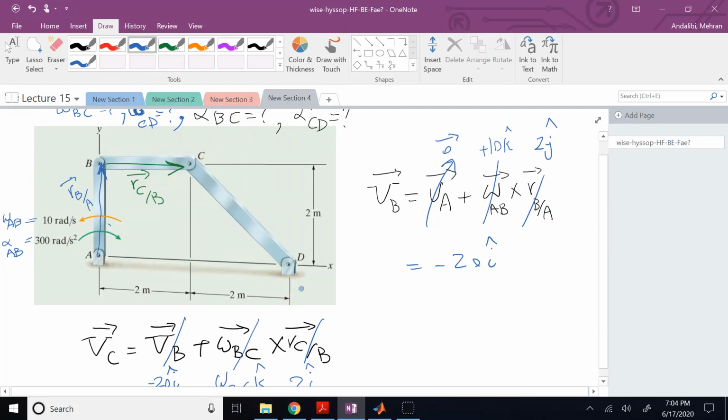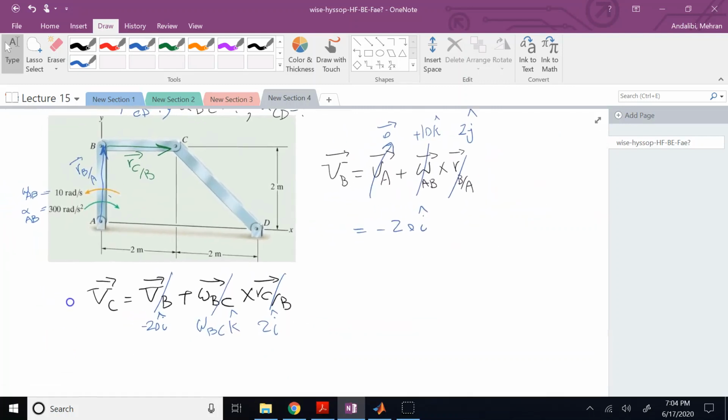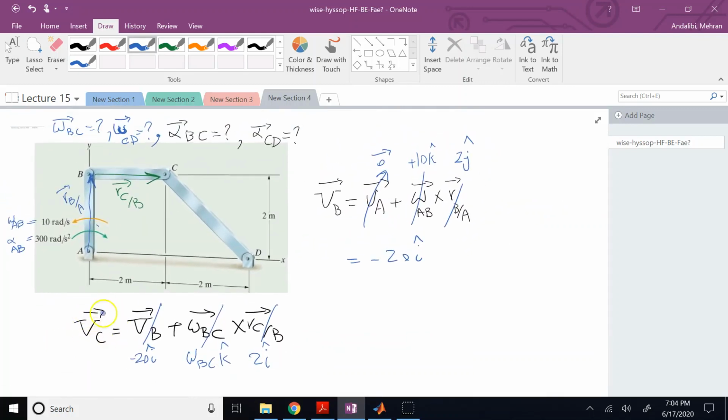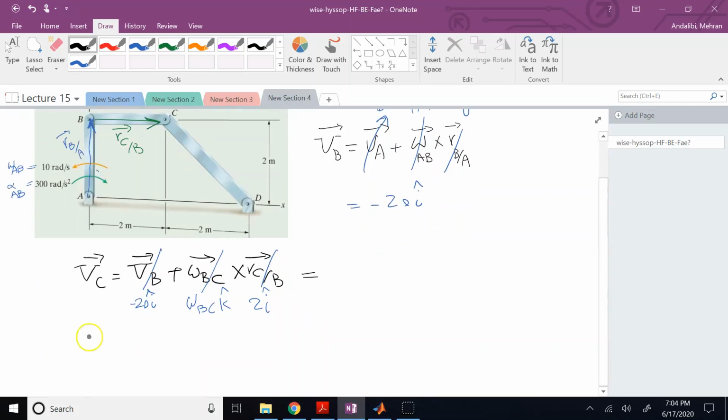We can do that, but the other thing that I encourage you to do is, since we ultimately are not going to find VC and we don't care about it, V of C can be found through member BC, but also V of C can be found through member CD, right? Because C also belongs to member CD, so I can find its velocity through member CD.